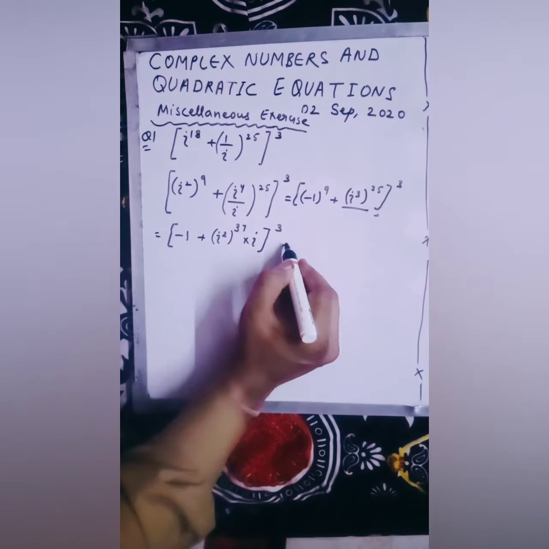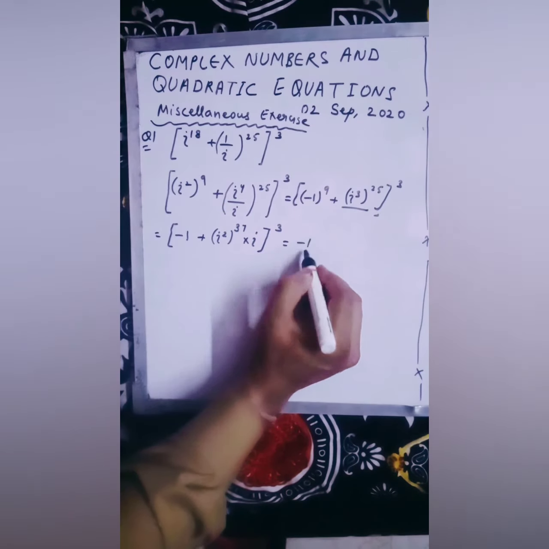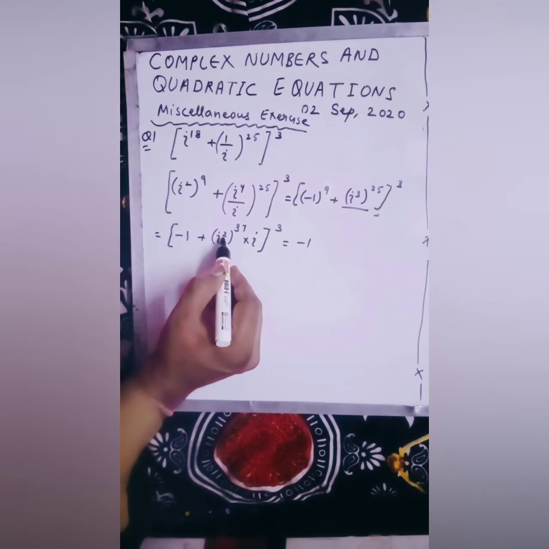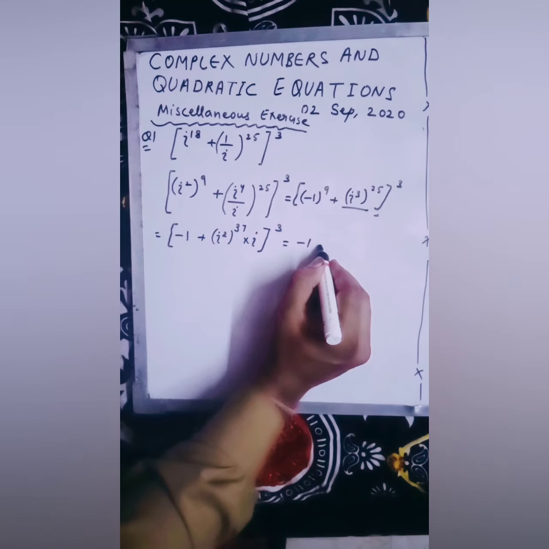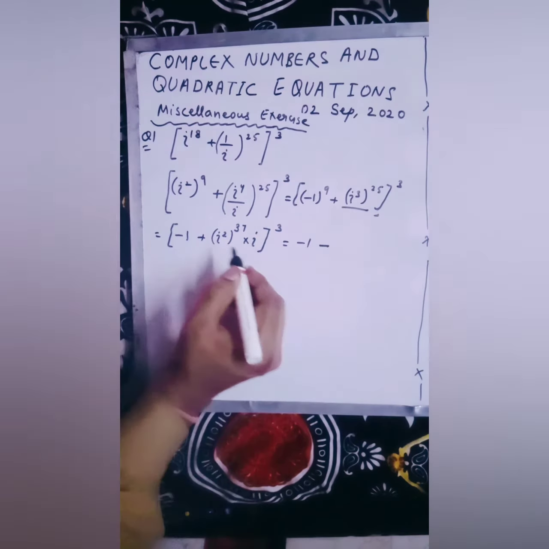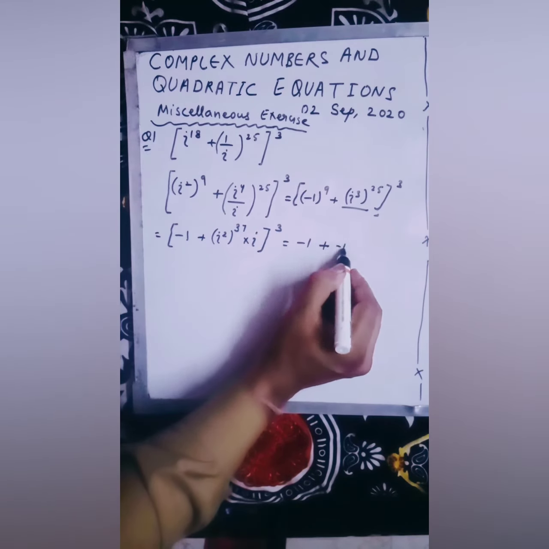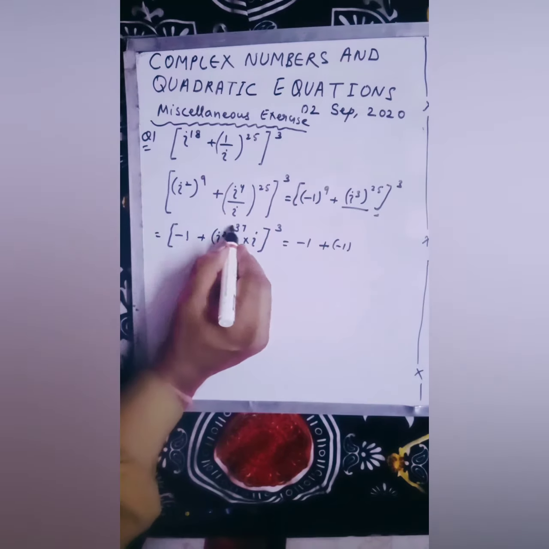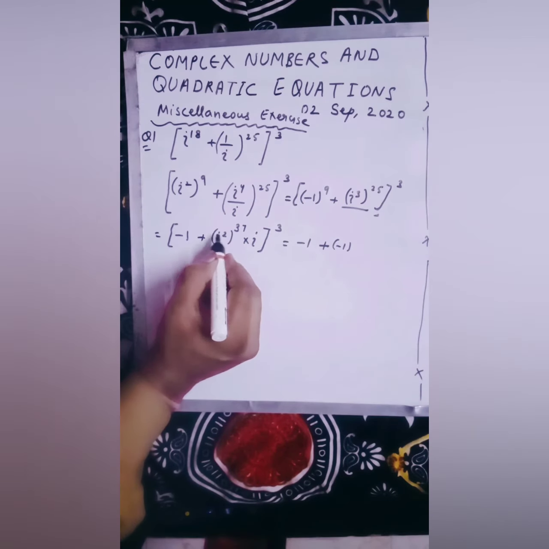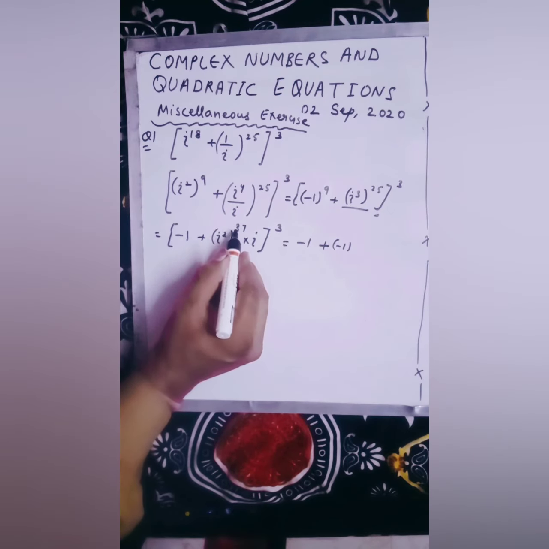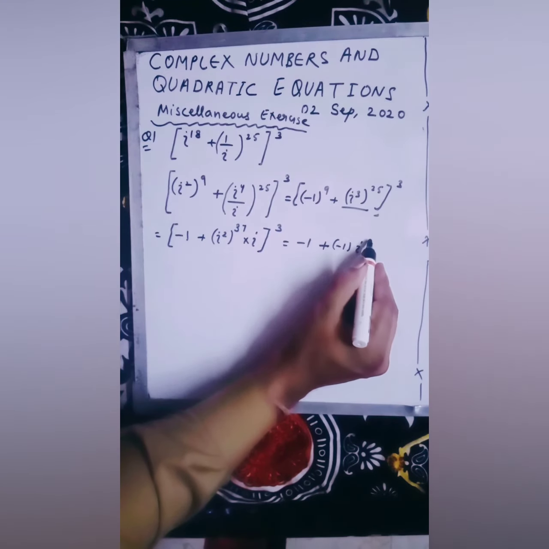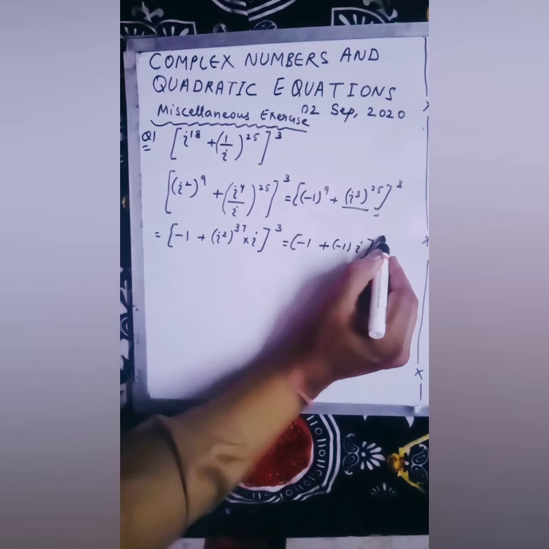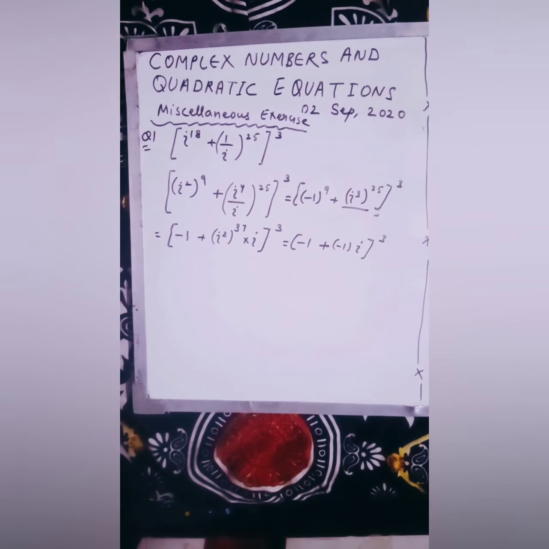Now here -1 is coming, and at a place of this iota square is -1, and -1 raised to the power 37, it will remain -1. -1 will come, and -1, this -1 will come when you will solve it, because it is -1 and -1 raised to the power 37, which is odd, so it will remain -1 into iota, and this whole raised to the power 3 we have to write.